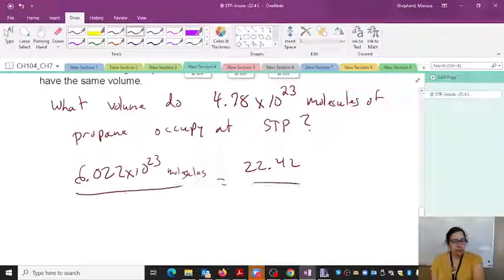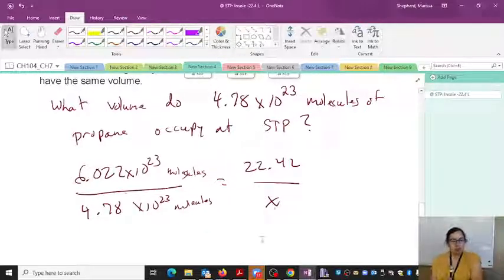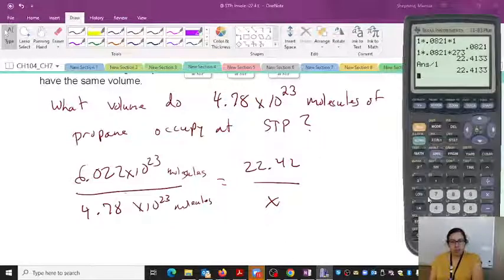So then we could set up our proportion. If I have 4.78 times 10 to the 23rd molecules, and I want to know the volume, then I can solve for x. And so that works out.